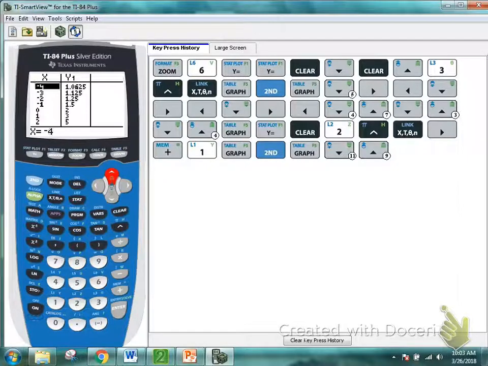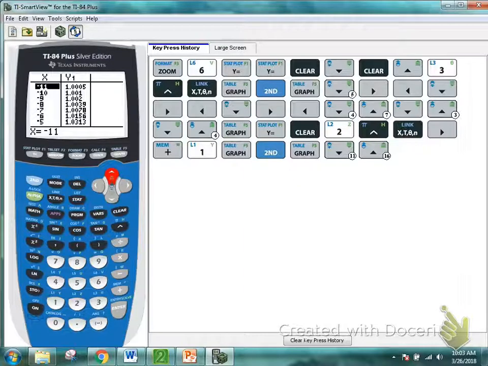Plug in -4, 1.0625. -5, 1.0313. -6, 1.0156. -7, 1.0078. -8, 1.0039. -10, 1.002. 1.001. 1.0005.